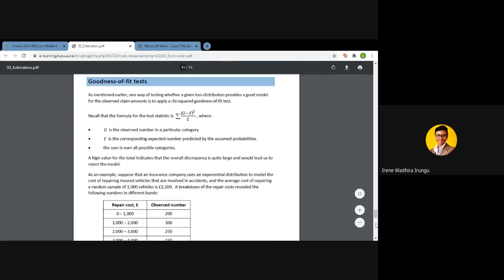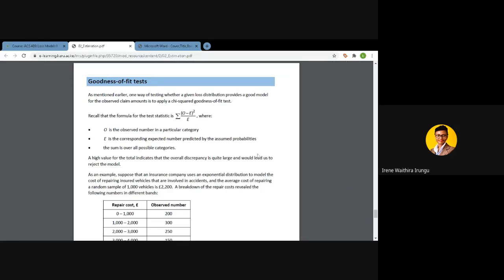Once you solve for your parameters using those methods, the next thing for you to do is to carry out a goodness of fit test. By that we simply mean you will have observed a certain experience over time after assuming your distribution.